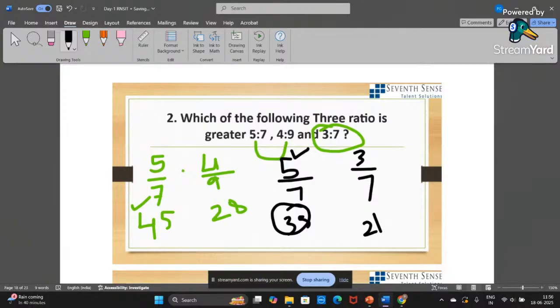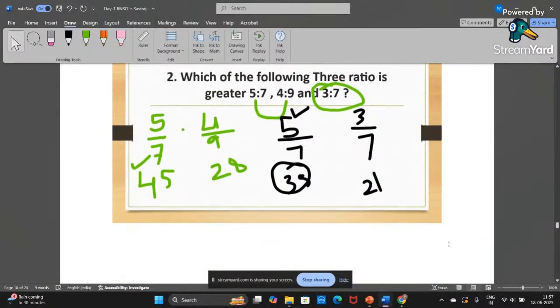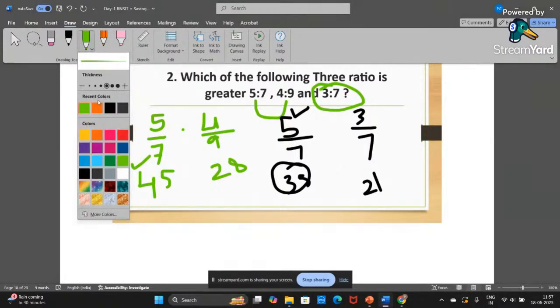Now, for the same question, let us find out the smallest one. Already we have the values between these two.